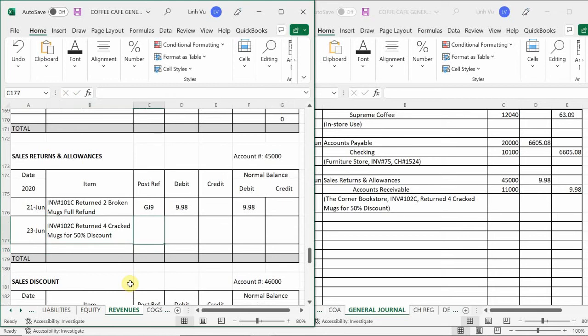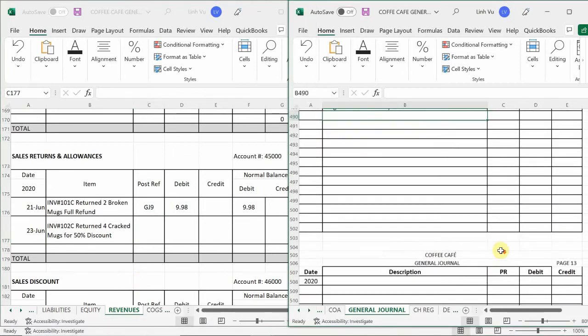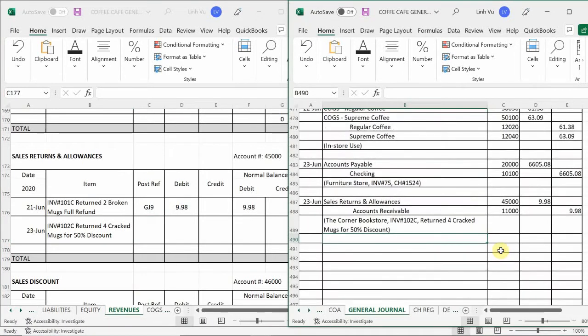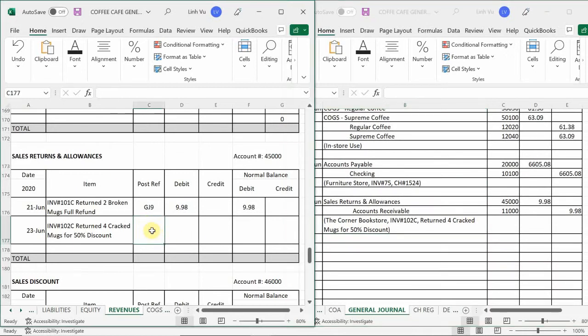What journal are we on? We are on page 12. And we got a refund for $9.98.